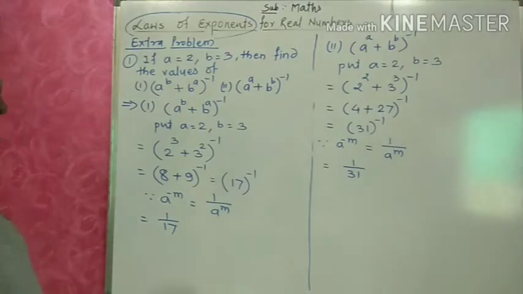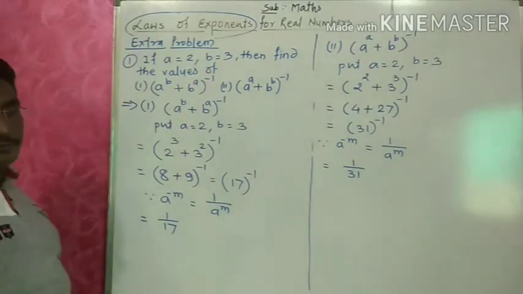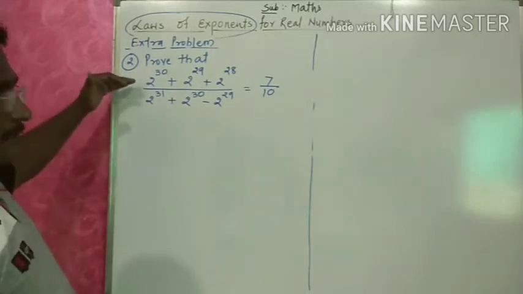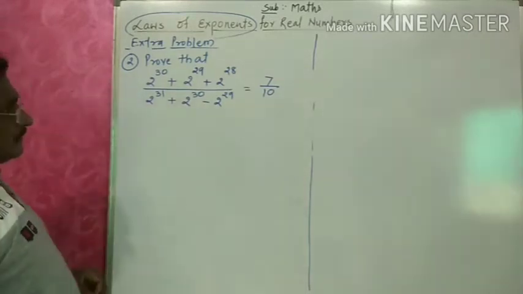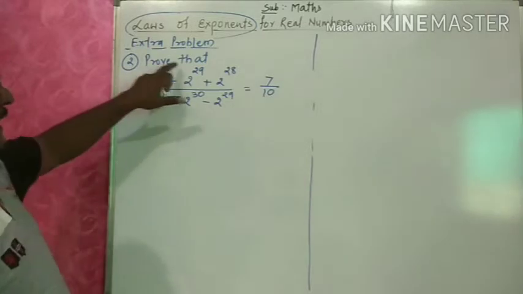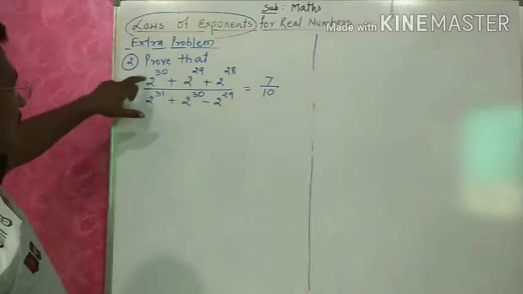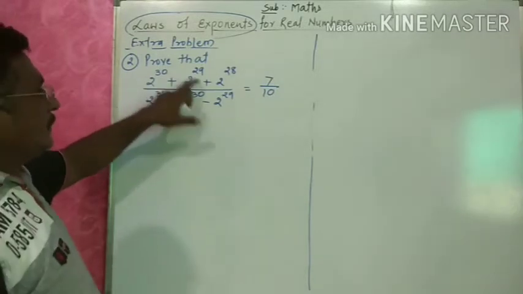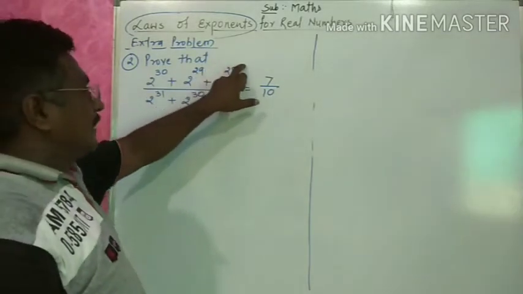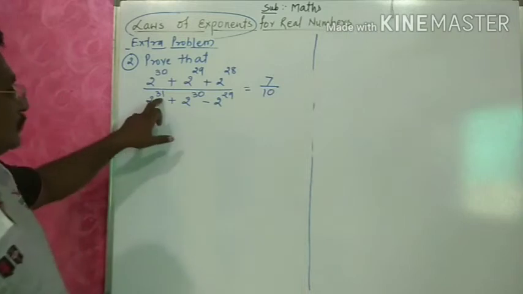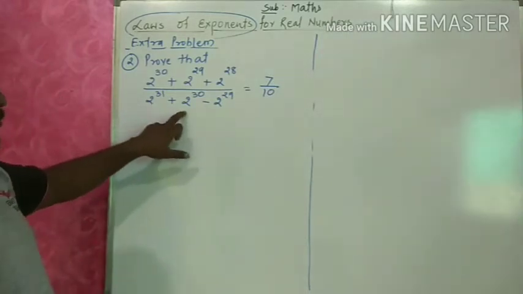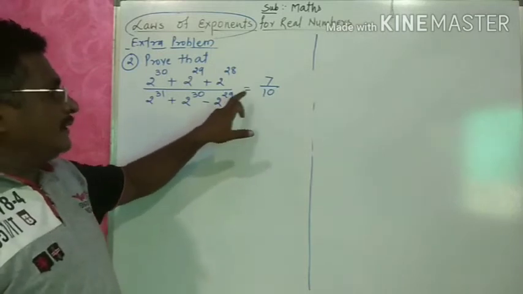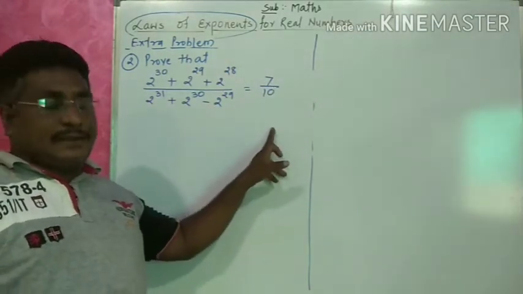Now we will go on to the next question. Second question. In the second question, prove that 2 raised to the power 30 plus 2 raised to the power 29 plus 2 raised to the power 28, by 2 raised to the power 31 plus 2 raised to the power 30 minus 2 raised to the power 29, equals 7 by 10.